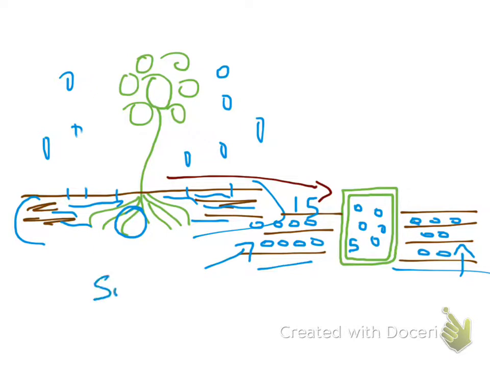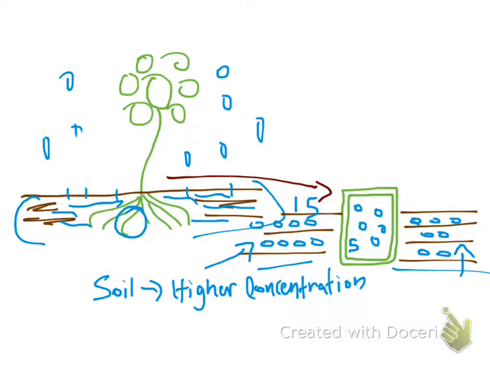So the soil has higher concentration right now. And so obviously osmosis in this case, because it's water, is going to happen. If you do the math, you'll figure out that 5 of these water molecules are going to be moving in. So let me put 5 arrows.